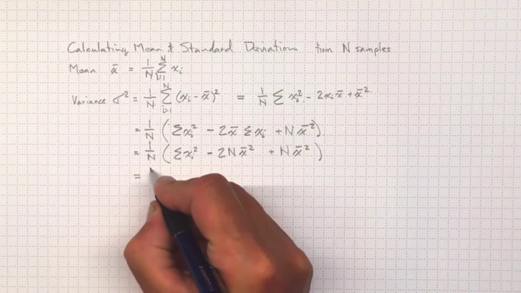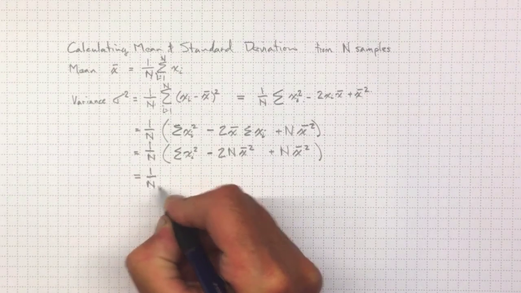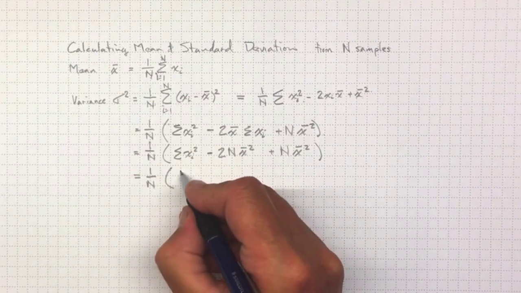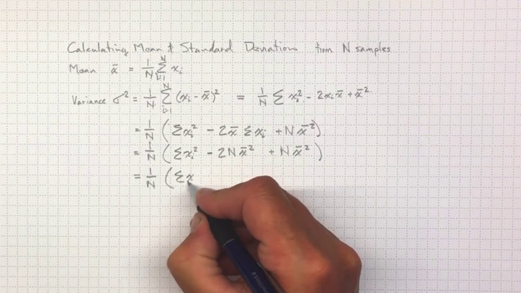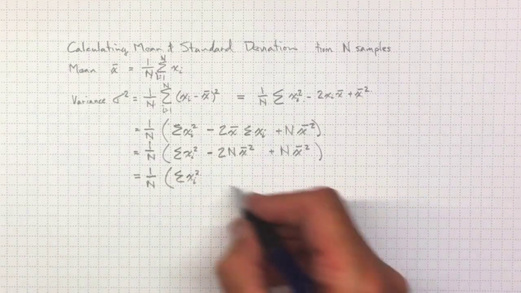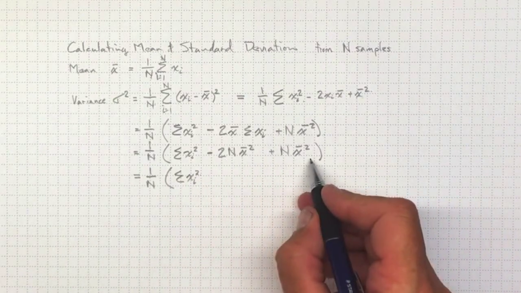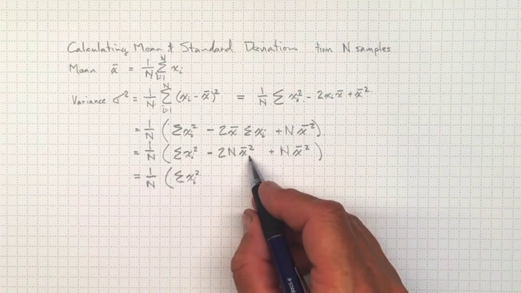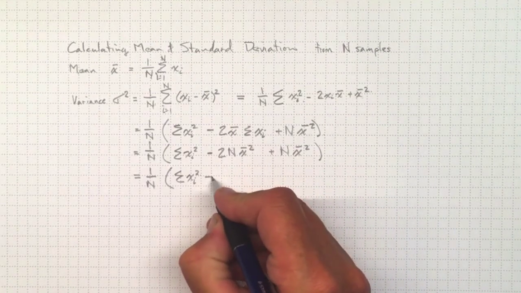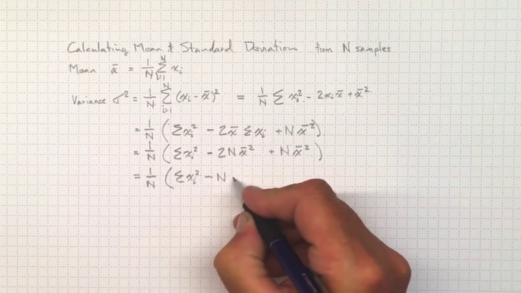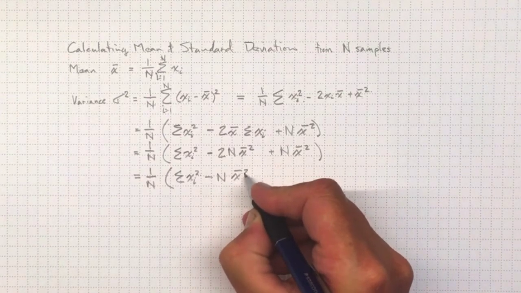Combining those, 1 over n, the sum of xi squared, that's going to wind up being net negative n x bar squared, minus n x bar squared.